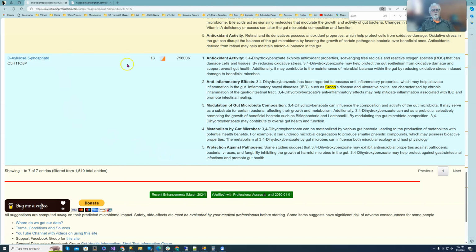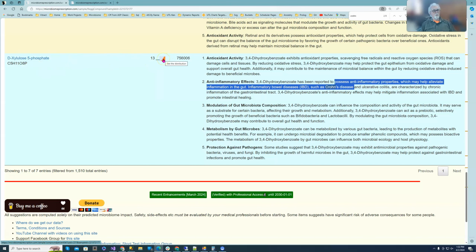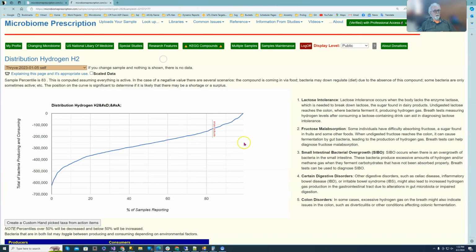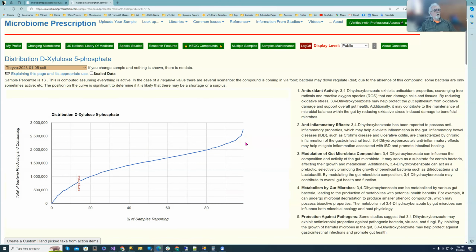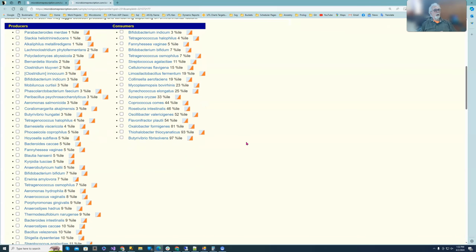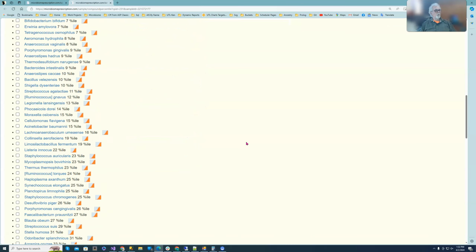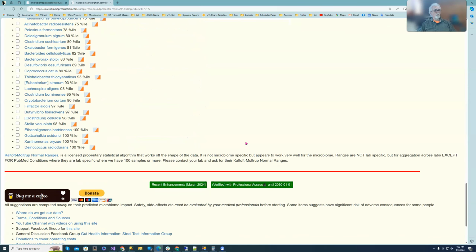And for example, this particular one persists anti-inflammatory one. So in this case, you may want to increase it. And how would you increase it? You click here, and you can see there. And now we have the consumers and the producers, which means you could go long list.